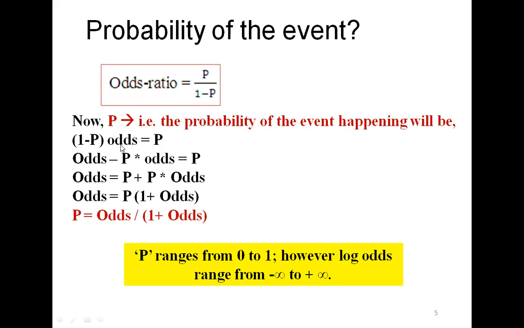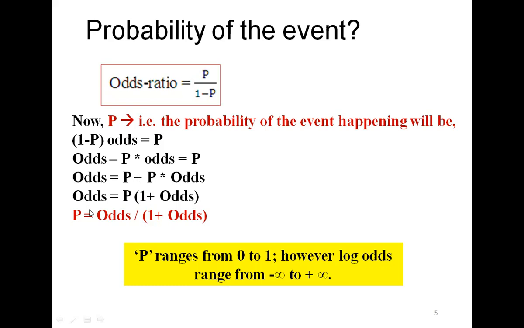When we multiply, we have 1 into odds, so minus P into odds is equal to P, right? Then we can take minus P into odds to the right hand side. So we simply have odds is equal to P plus P into odds. Then taking the P out because it is common, we have odds is equal to P into 1 plus odds, right?